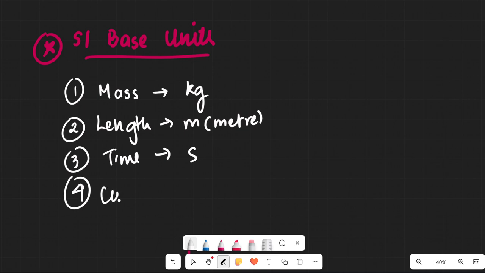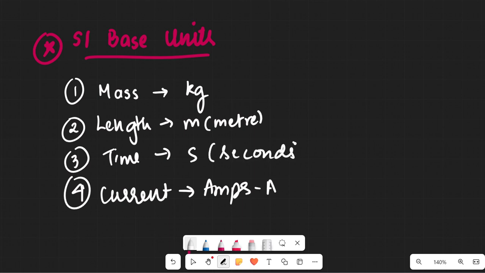Then we have current, which is in amps, written as just an A. Number 5 is temperature. Temperature is always in Kelvin.